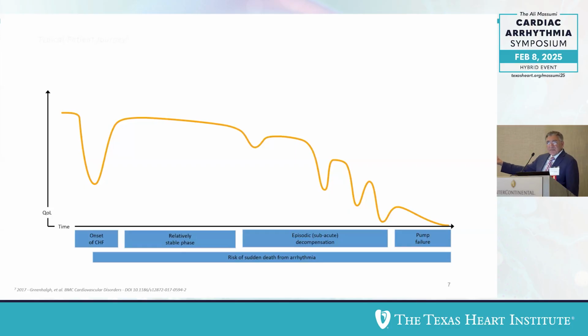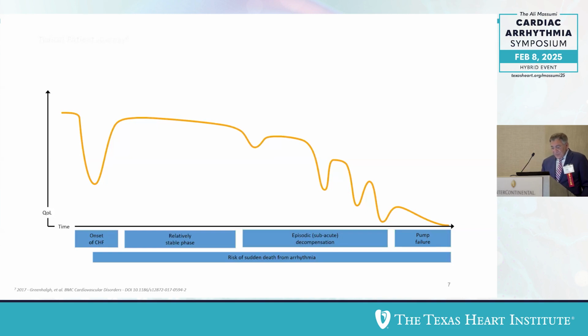This is a typical situation, and I'm sure all of you see it in your practice. They come to the ER, we increase the diuretic, give a little inotrope, and then discharge them until the next time. But I told you, mortality increases anytime they come to the ER.